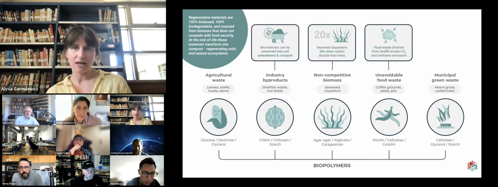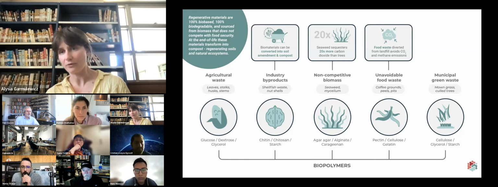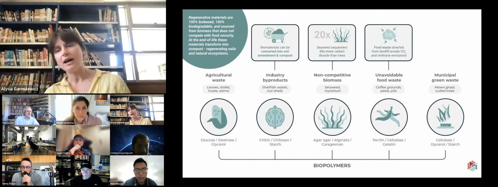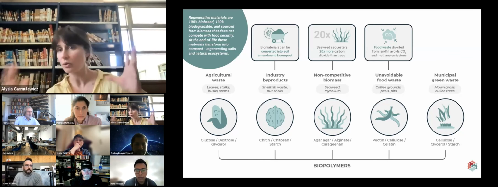That latter piece is super important because, as Patricia mentioned, there are quite a few sources on the market today that are made from corn or soybeans or sugars that come from primary crops, basically. And those primary crops are often competing directly with food security, or at least there's large land use change associated with their investment and adoption as a quote unquote solution for the materials sector.